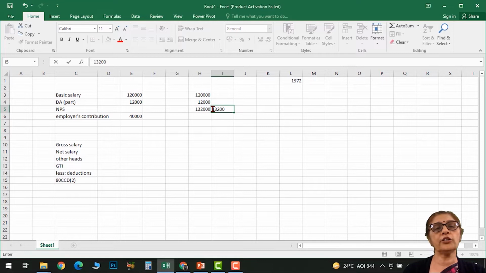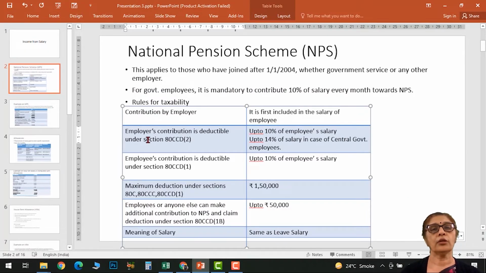How much of deduction can you get? You cannot get a deduction under 80CCD2 for more than 13,200. Why? Because it cannot exceed 10% of your salary. He can contribute more than 10% of your salary, but your deduction cannot exceed 10% of your salary. So, employer's contribution is deductible up to 10%.